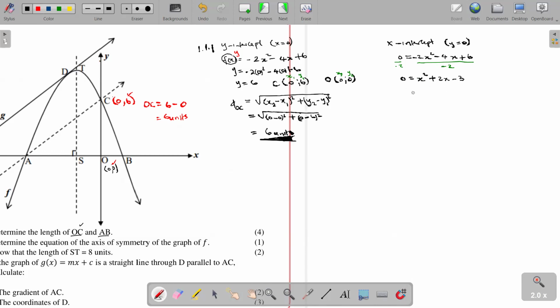When we now have this equation, it means you can apply factorization. So 0 is equal to, factorize this, we are going to have x minus 3, x plus 1 there. Then we equate each factor to 0.